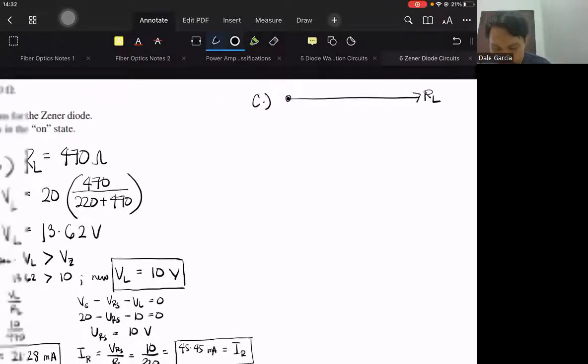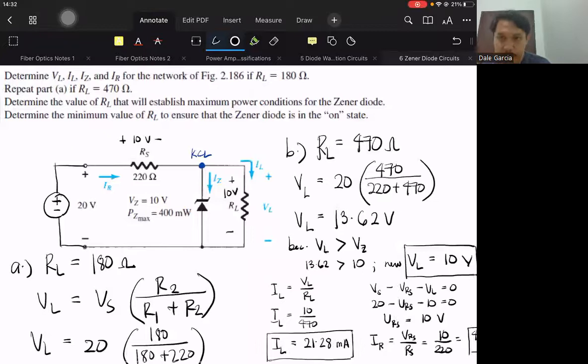Among our givens, 470 and 180, we have determined that 180 is not enough, and that 470 is enough.